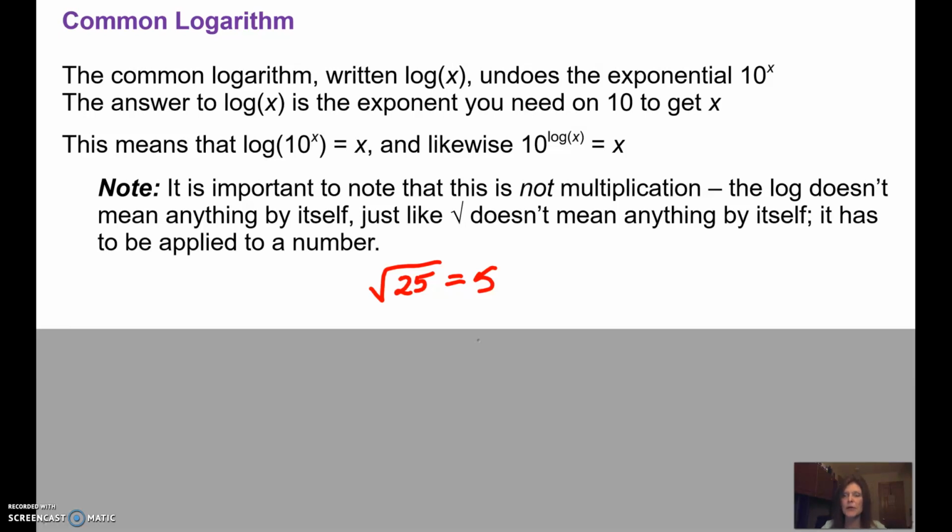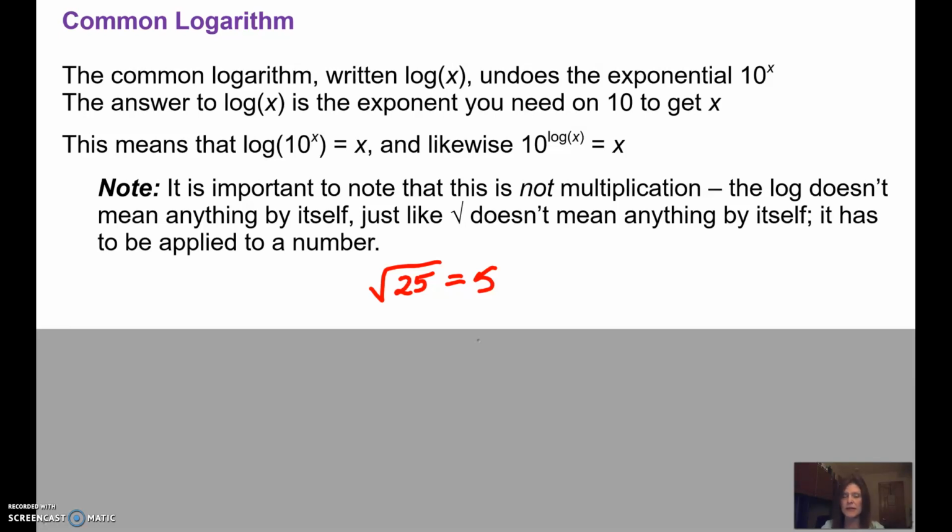Like you think about adding 2 undoes subtracting 2. Taking the square root undoes squaring. So a log says undo the reverse of 10 raised to this. In other words, the answer to a log of x is the exponent you need to put on 10 in order to get x.